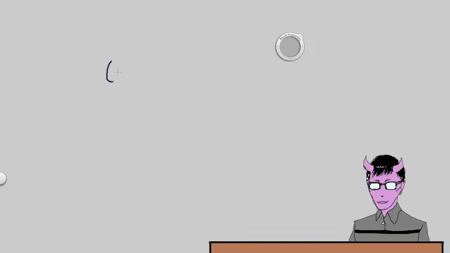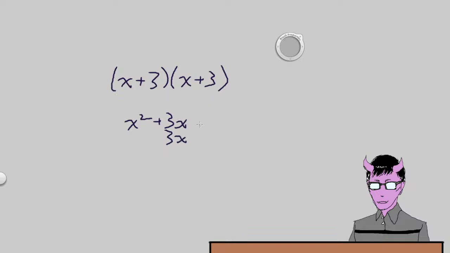Alright. So when we're doing the vertex form, I'm going to emphasize multiplying the same factor times the same factor. So x plus 3, for example, times x plus 3. So pay attention to where these numbers come from. Again, we have x squared, we have 3x, we have 3x, and then lastly we have plus 9.